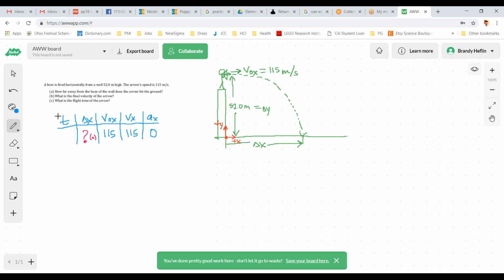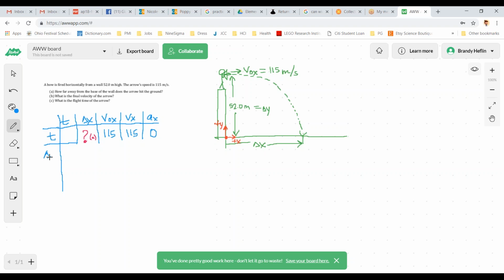So here's my fun little trick to make the table work for 2 dimensions. We're going to do the same thing. We're going to keep t in the corner because t is shared. Something cannot take more time to travel vertically than it does horizontally. Doesn't matter what's happening. There's one time, so we put time in the corner.